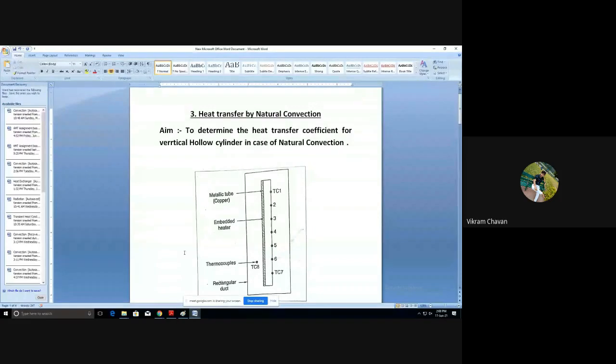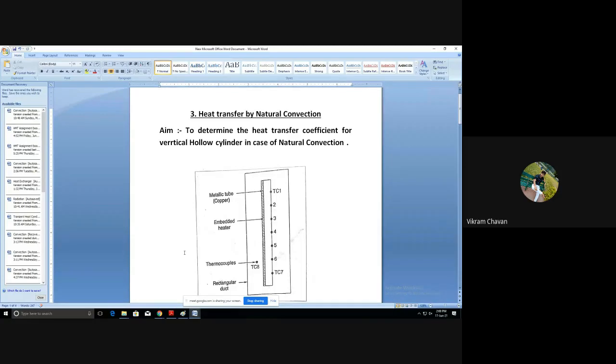Because of the temperature difference there is a density difference in the fluid, and because of the density difference there will be fluid motion in natural convection.